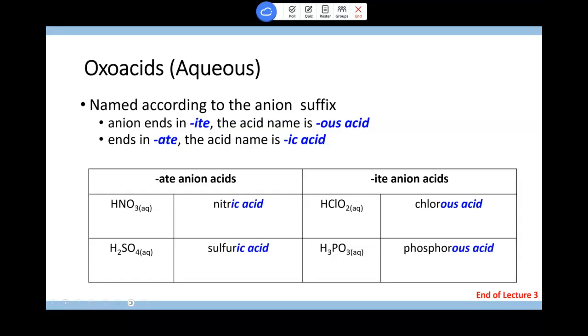Sulfate with hydrogen in solution is sulfuric acid. So we change the ate to ic acid. And then similar pattern if we have polyatomic anions that end in ite, like chlorite, those become chlorous acid, so OUS acid. Phosphite, phosphorus acid.